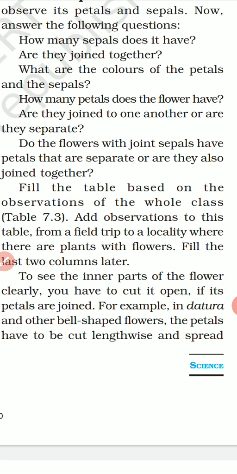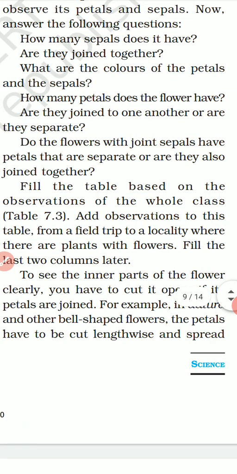So fill the table based on the observation of the whole class. Add observations to this table from a field trip to a locality where there are plants with flowers. Fill the last two columns later. Children, you have to see nearby in your house whatever flowers you can get. To see the inner parts of the flowers clearly, you have to cut them open. We have to do the dissection.